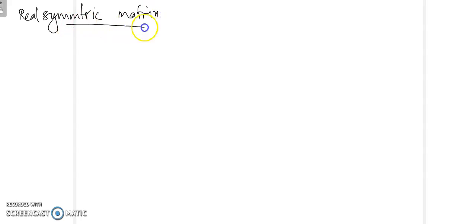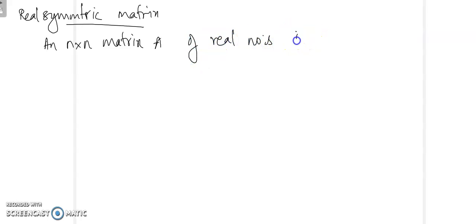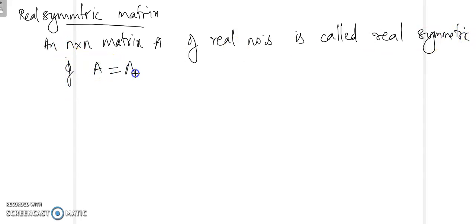And next we'll see results on a real symmetric matrix. So an n by n matrix A of real numbers is called real symmetric if you have A equal to A transpose.